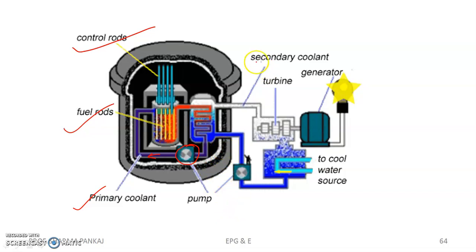This is your secondary coolant. The steam is coming out like this, going to the turbine. The leftover steam is coming to the condenser system, with cool water. The turbine shaft and generator shaft are common, and this generator is giving you power, RYB. Electricity is being generated here.